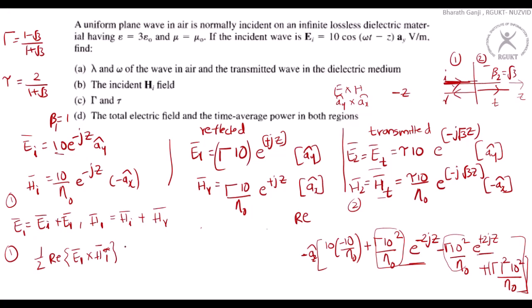If I write it, I have a scenario like this: half times the real part of minus az cap times minus 100 divided by eta naught plus reflection coefficient square into 100 divided by eta naught, plus reflection coefficient into 100 divided by eta naught times e power minus 2jz minus e power plus 2jz.